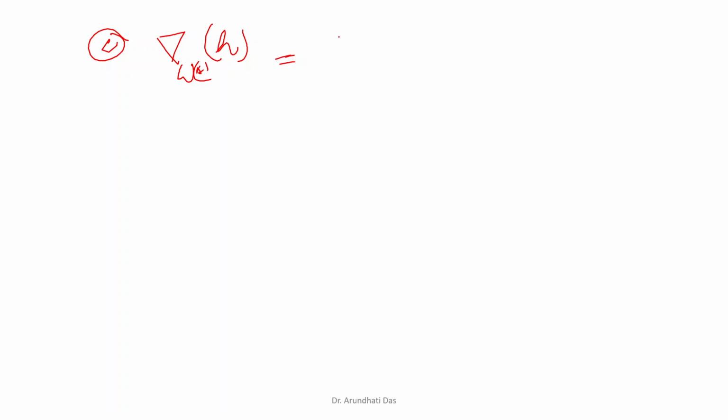So d/dWA of H is what? WA multiplied by X, correct? So the new denominator and numerator both are having WA, so the final calculation will have X.